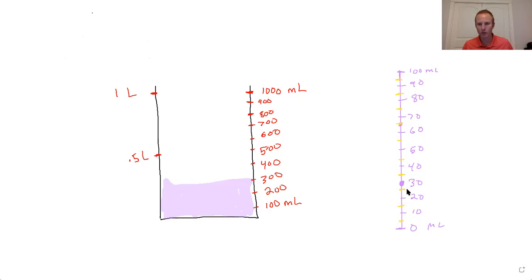I'm not sure I have room to squeeze them in here, but 1, 2, 3, 4, 5, 6, 7, 8, 9, 10, 11, 12, 13, 14, 15. I don't have room to squeeze them in, but you will have some problems where you have the ones on there as well, or there might be some problems where it's beneficial for you to draw the ones in.